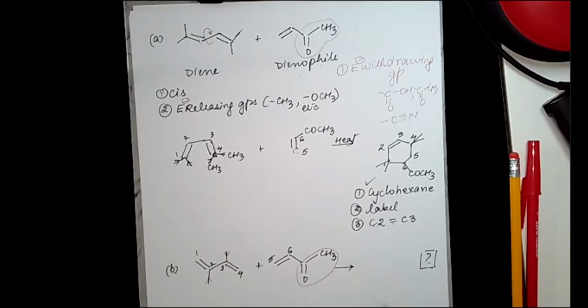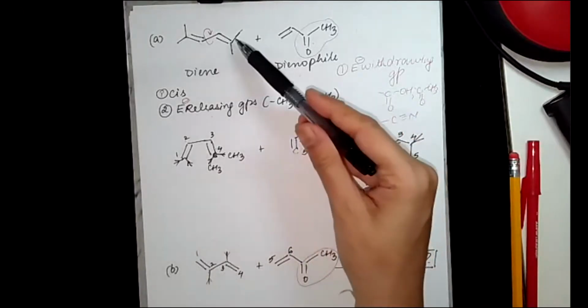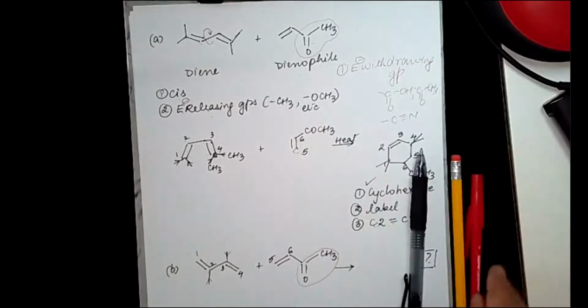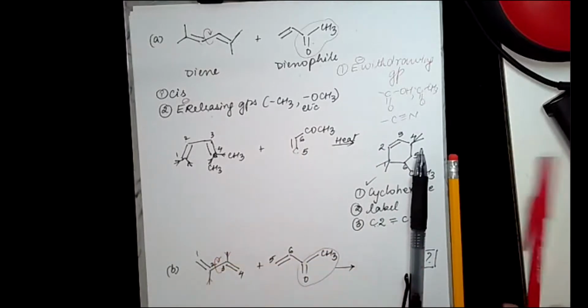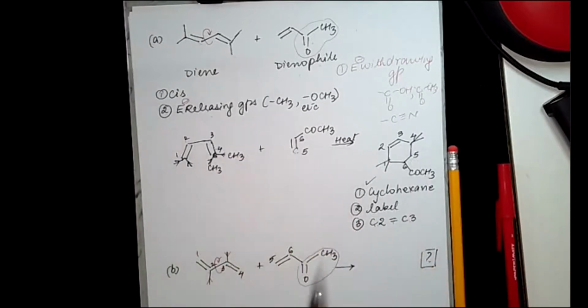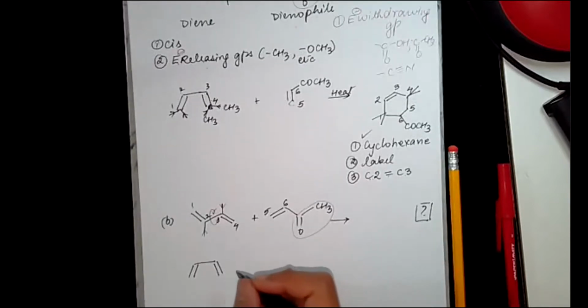All right, let's look at this again. So both of my dienes can work so that they become cis across 2 and 3. So across 2 and 3, both my dienes are cis. 1, 2, 3, 4.